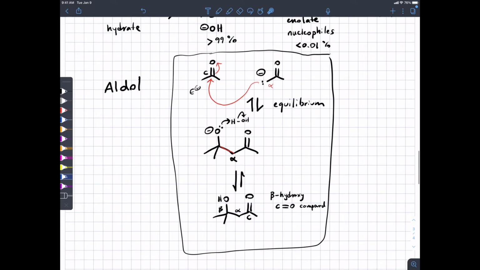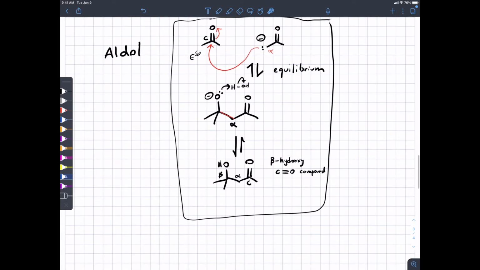And that's actually useful for pattern recognition purposes. The 3 carbons from the enolate end up here, and then the 3 carbons of the electrophile portion of the molecule end up here. And this is the new bond that we make.